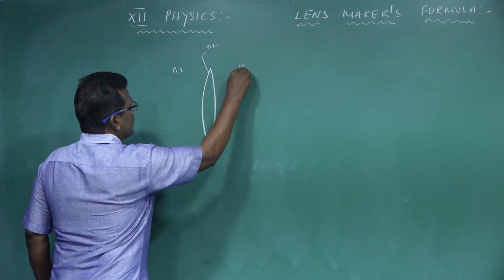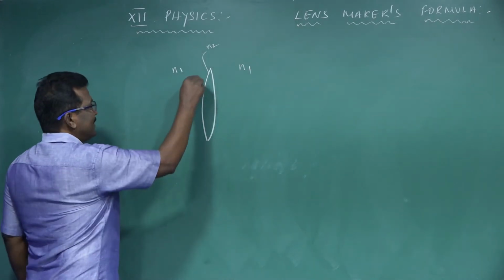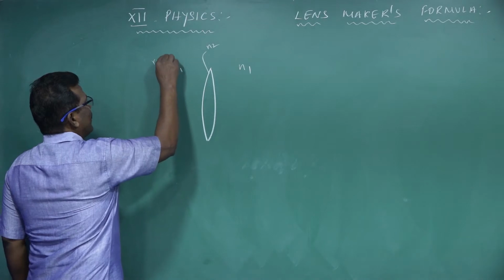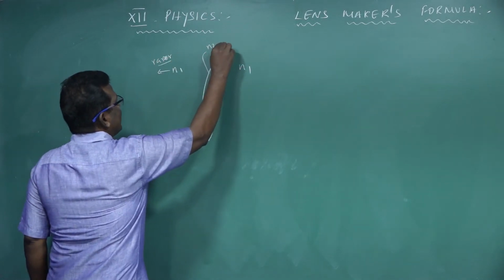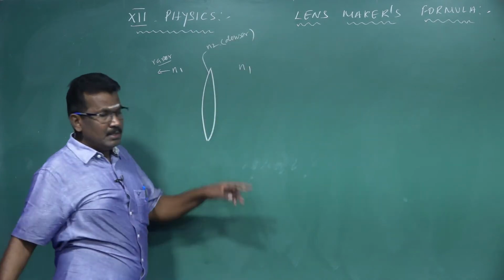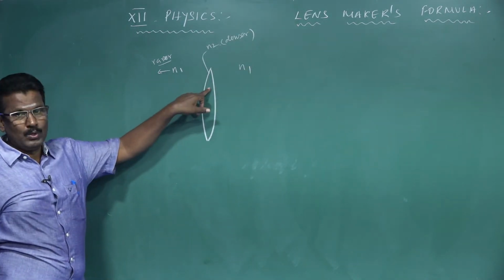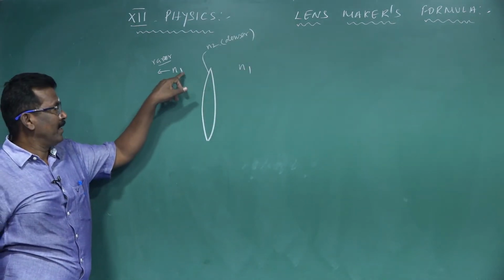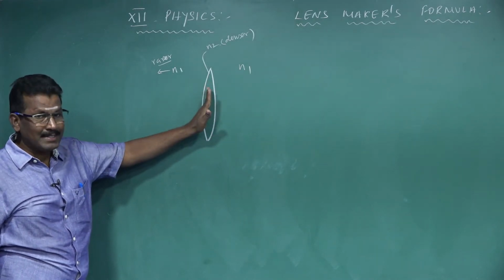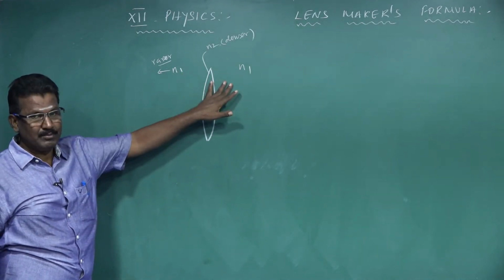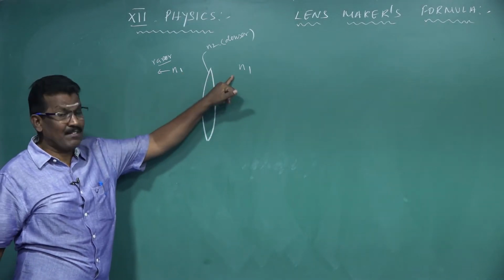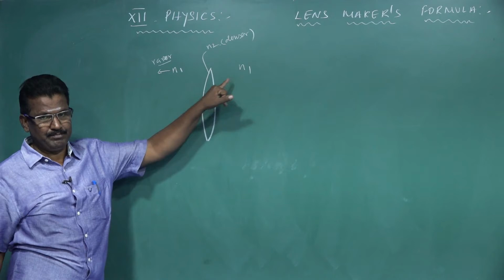This is a rarer medium, and the lens is a denser medium. The refractive index N2 is placed in the refractive index N1, that means the lens is placed in the air medium. N2 is the refractive index of the glass, and N1 is the refractive index of the rarer medium, maybe air.